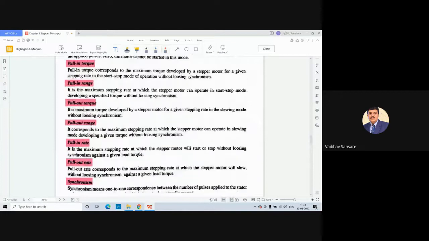Now the next term is the pull-in torque. What is pull-in torque? Pull-in torque corresponds to the maximum torque developed by a stepper motor for a given stepping rate in start-stop mode of operation.